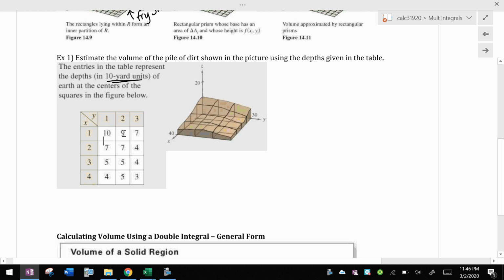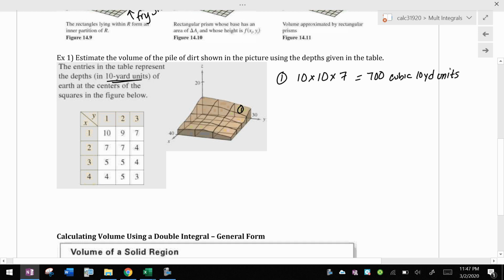But anyways, if these are each of my given heights, the volume for this one piece right here is going to be 10 by 10, because that's my base, times 7, which is my height. So 10 by 10 by 7, which is going to be 700 cubic 10-yard units.